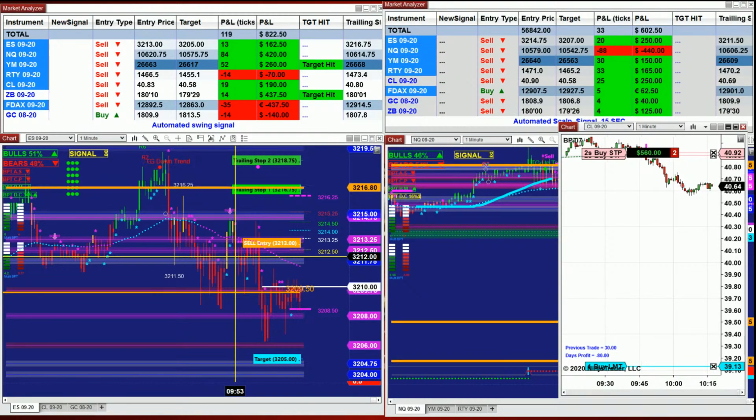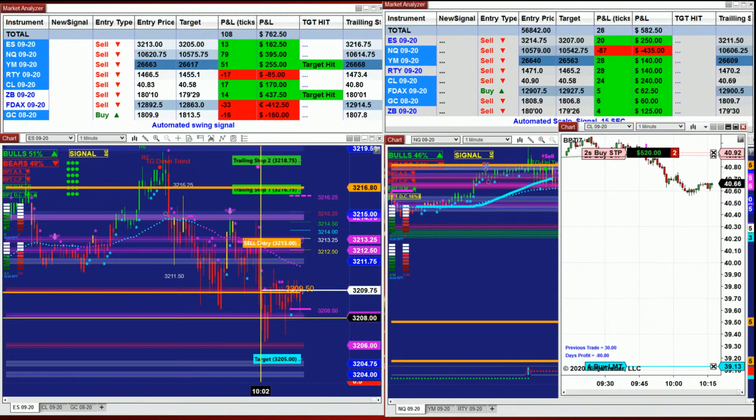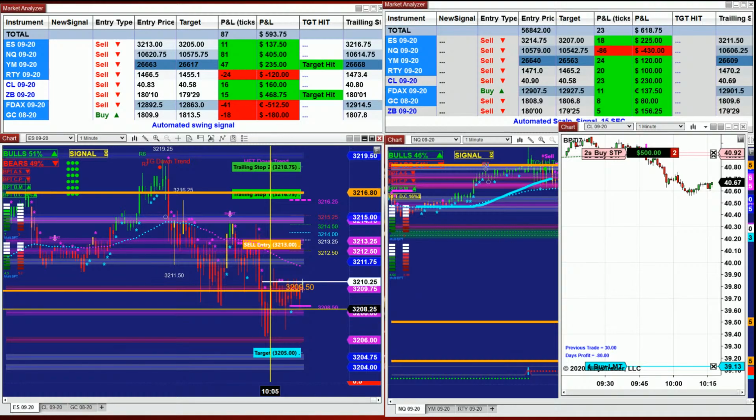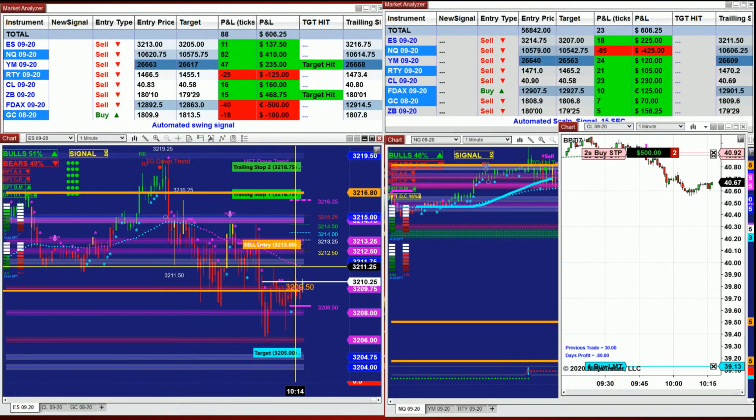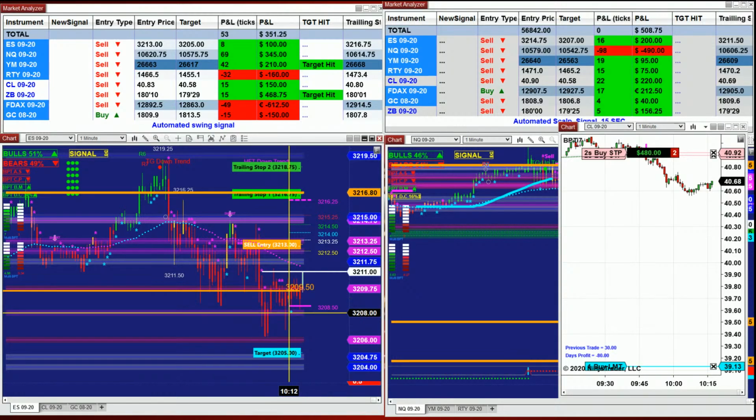And as we see right now, for the last couple of days, it's been a problem. Earlier today, the ES was moving very fine, and then I got caught between the resistance at 32.1150 and the support line at 32.08.